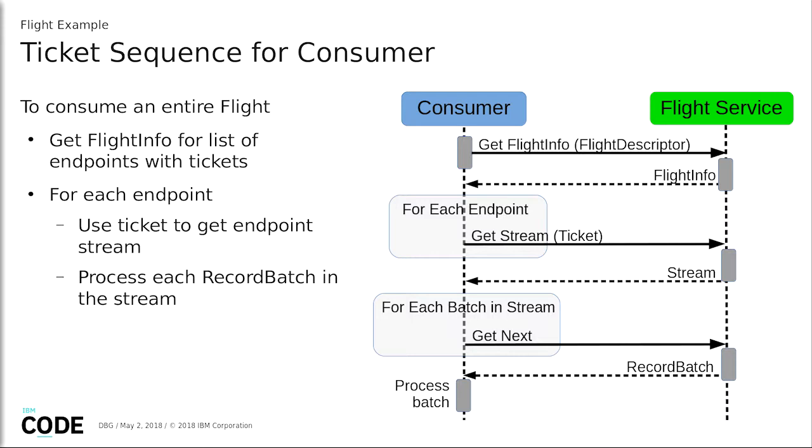Next, it would get a stream by passing in a ticket. And once it has that stream, it can begin iterating over the Arrow record batches, getting one after another. And once it gets one, the idea is to process it and then move on to the next one.